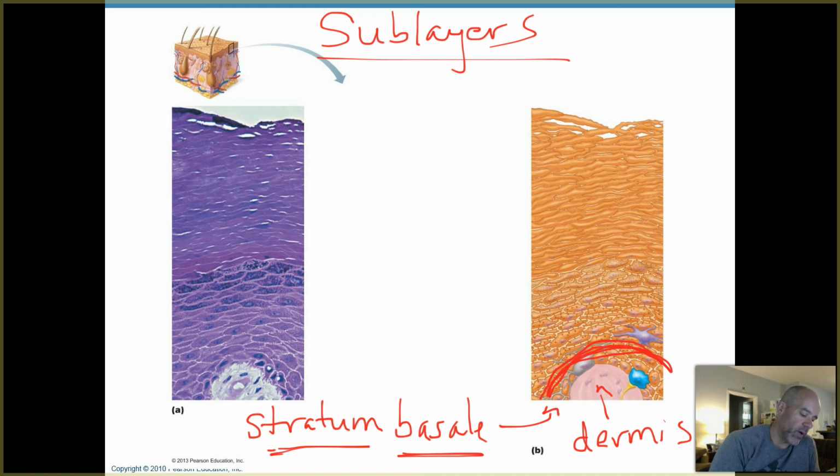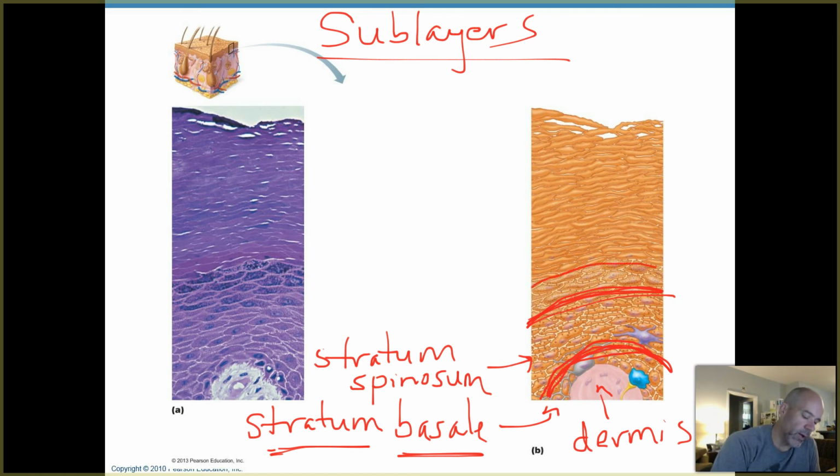As you move upwards from there, you have several layers of cells which are flattening out as you move upward in the epidermis towards the surface. That's called the stratum spinosum. As you move upward, there is yet another layer.